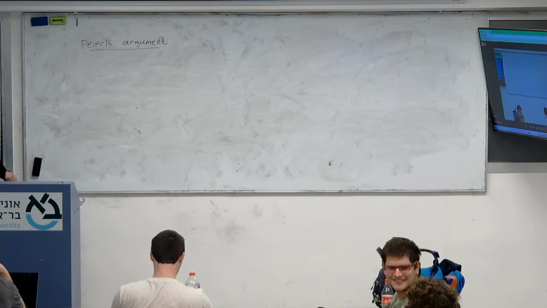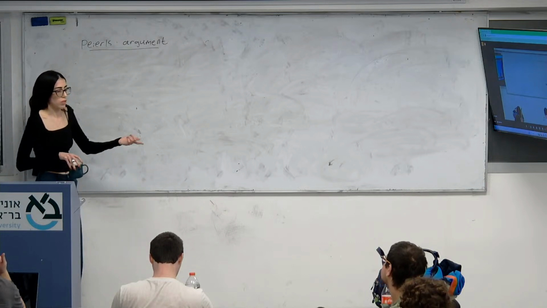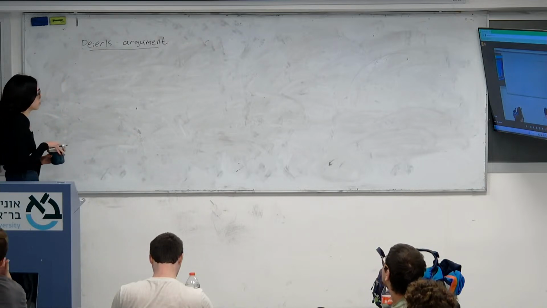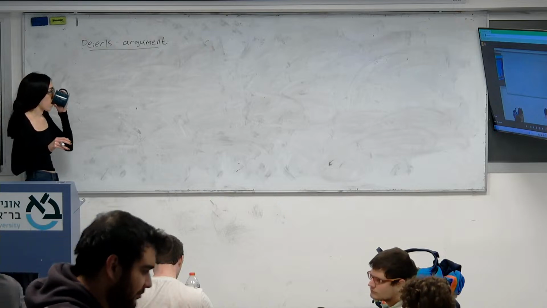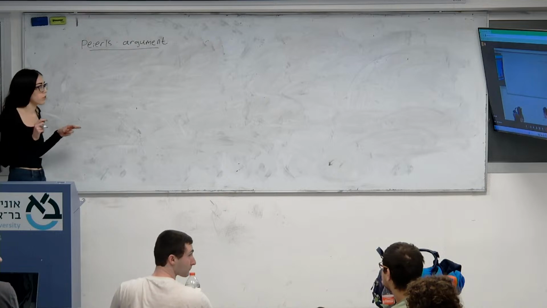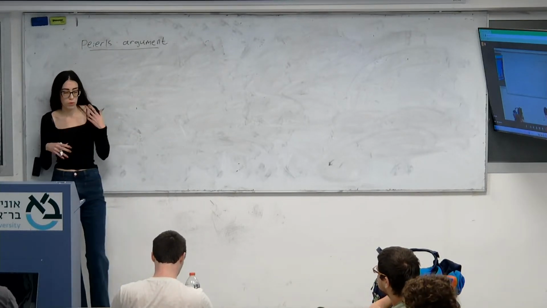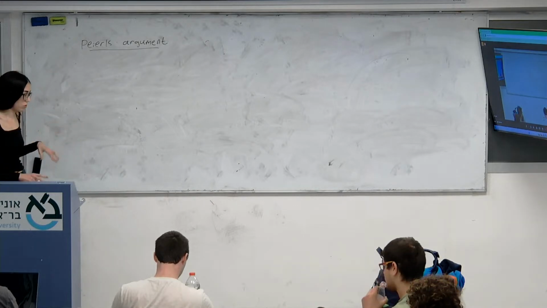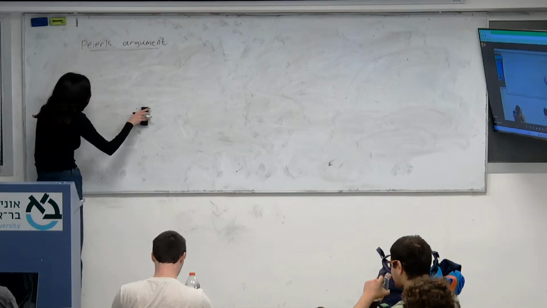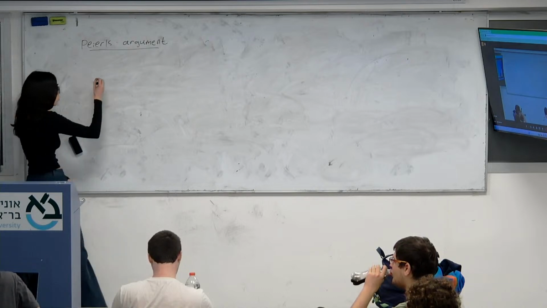Okay, so Peierls' argument, you basically saw it with Ido, and if you didn't, you will see it next lecture. It's basically applied for the two-dimensional case, but you can also use it for higher dimensions, but we're only going to two dimensions. So we do something similar to what we did for the one-dimensional case.